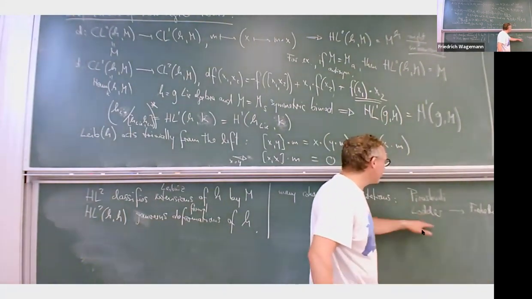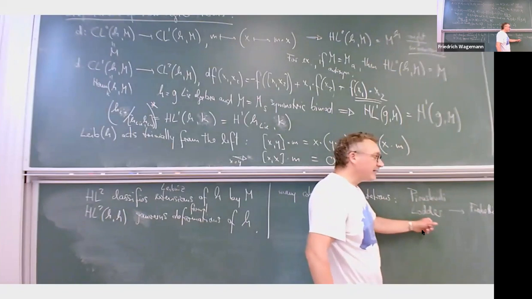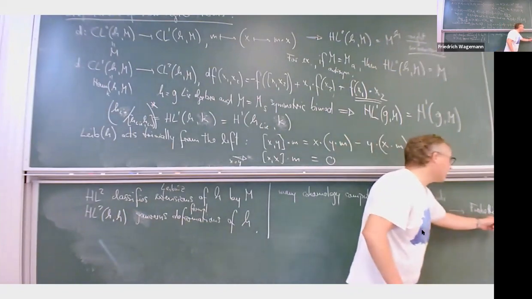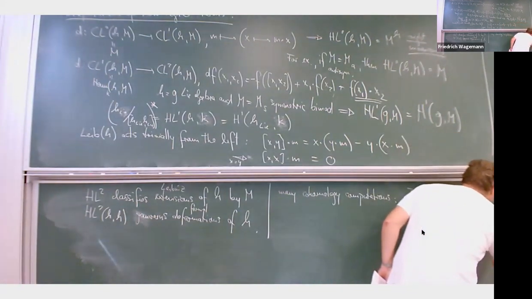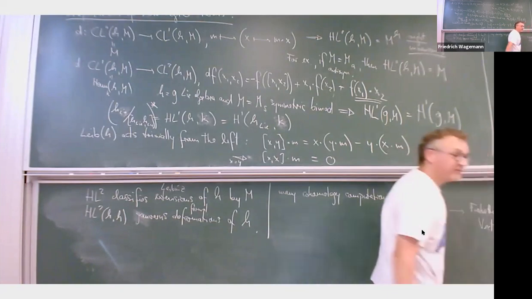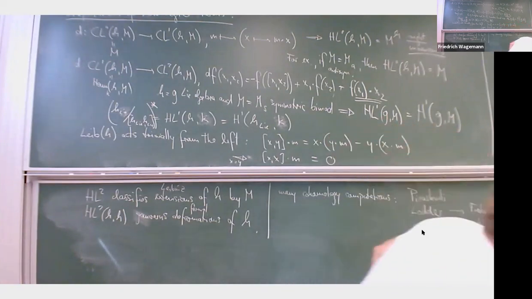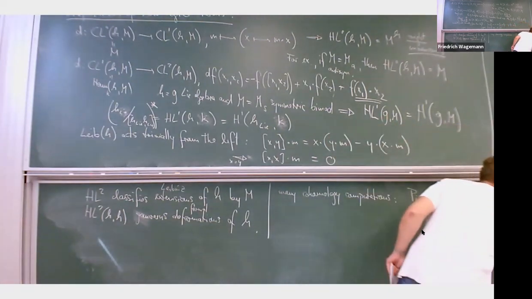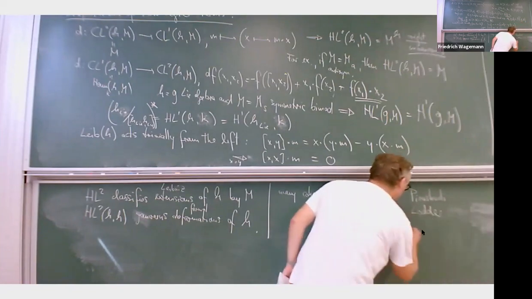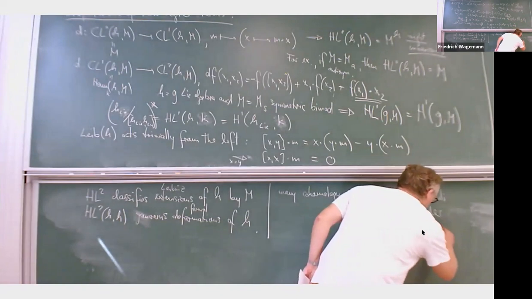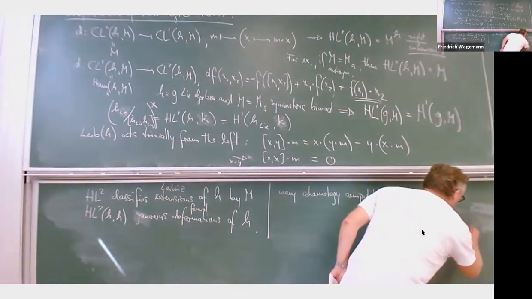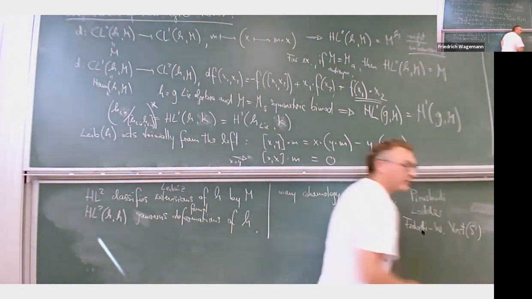to go from these computations for the Leibniz cohomology of the Lie algebra of formal vector fields to the Leibniz cohomology of the Lie algebra Vect S^1, vector fields on the circle.